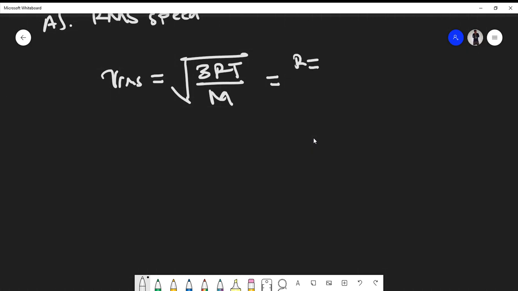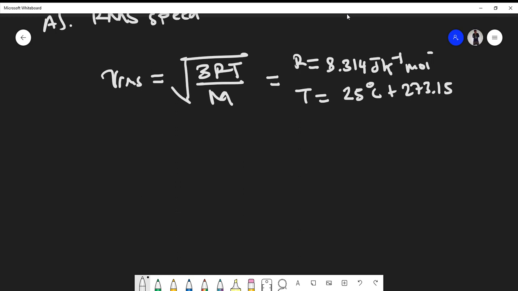We know that R is equivalent to 8.314 joules Kelvin inverse mole inverse. We know that T is our temperature, which is 25 degrees C plus 273.15, and that is equal to 298.15 kelvins. We know that M, the molar mass, because we're dealing with nitrogen gas molecules, N2, is 28.02 grams per mole.